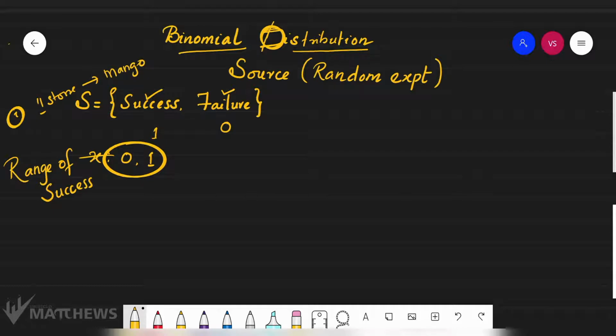Now let's understand this. What if we have two stones, students? Basically the experiment is hitting a mango. When you are trying to hit a mango, only two outcomes are possible. Either you may succeed or you may fail.